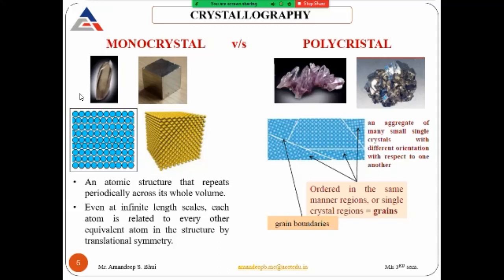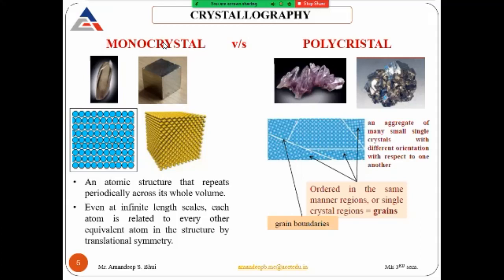So this means that throughout the volume, which may extend to infinity, even at such an extent, the atomic structure follows symmetry. So this is an example of a monocrystal solid.